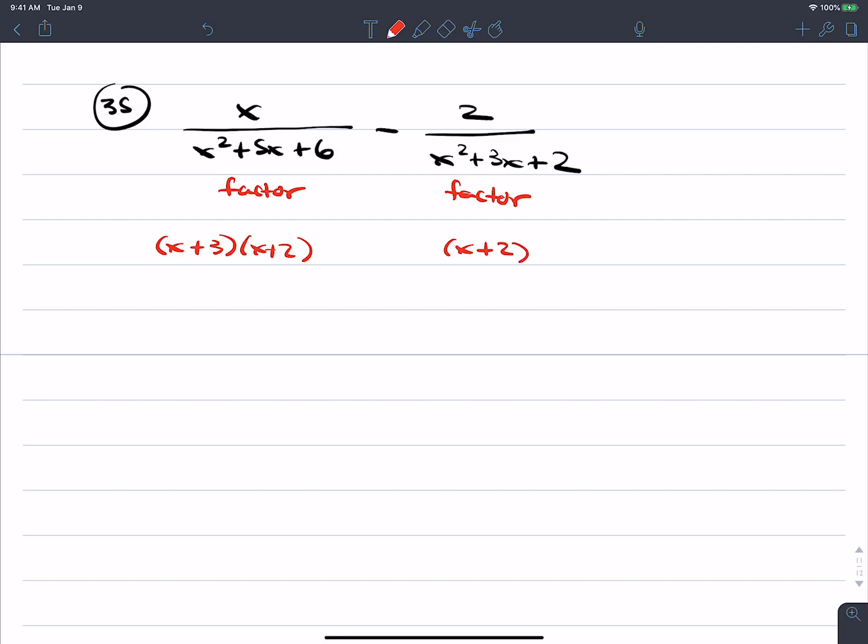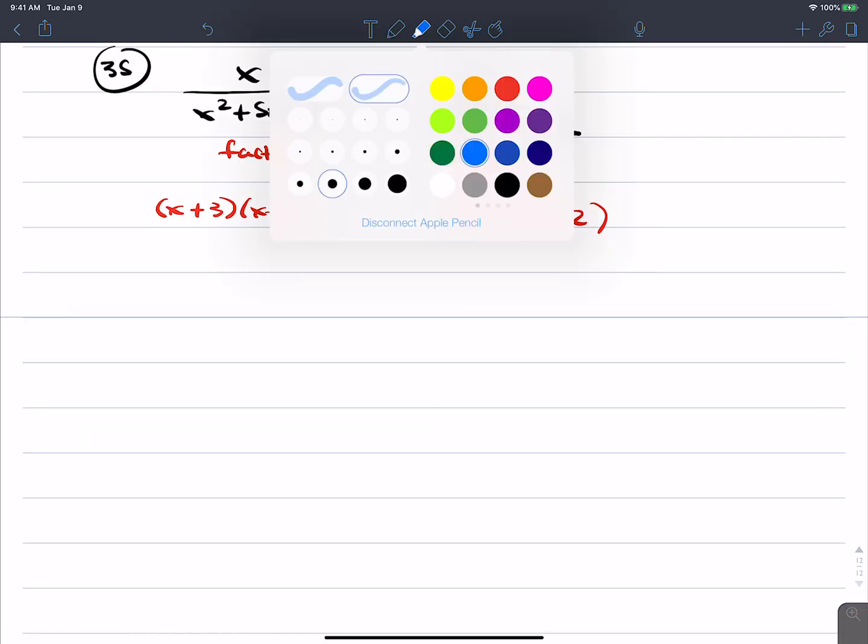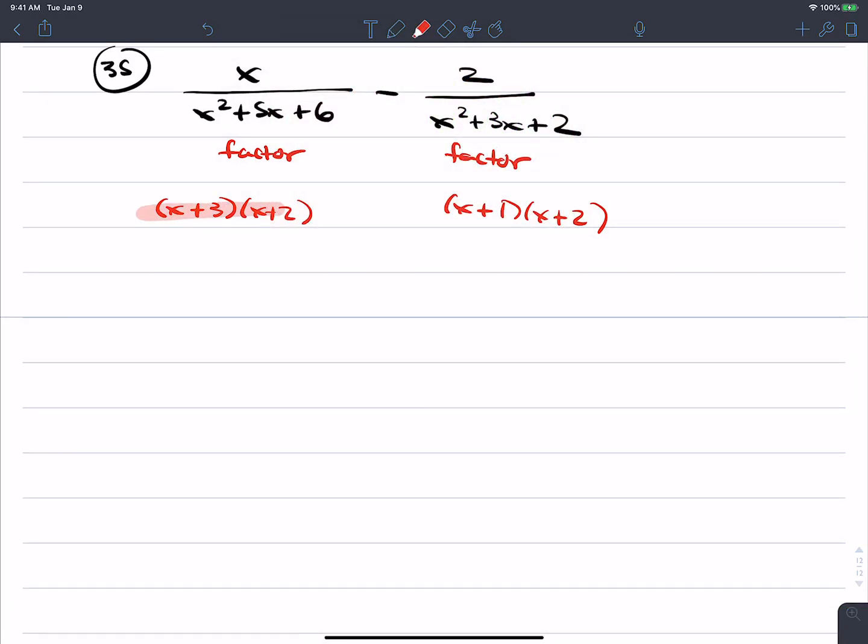We get x plus 2 times x plus 1 for the second one. And I'm going to write it in reverse just for demonstration purposes here. We're going to say x plus 1 times x plus 2. And again, we're going to need the LCM of my denominators here.